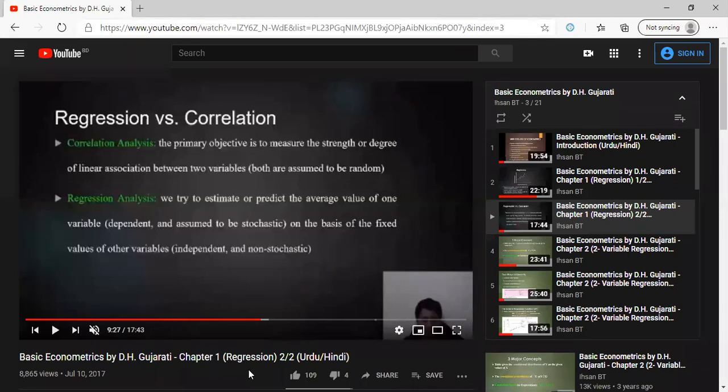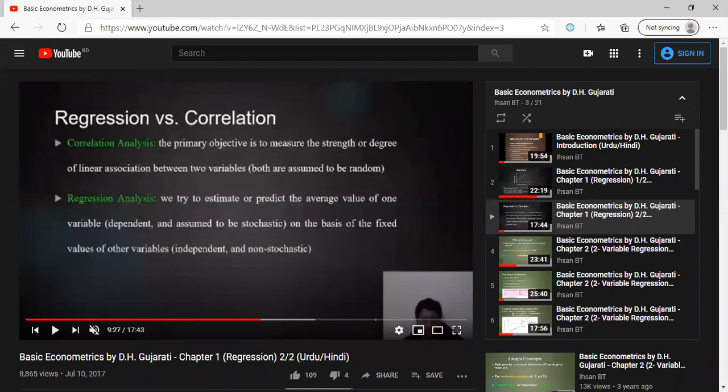A lot more things to say. Number one, correlation coefficient ranges from -1 to +1.